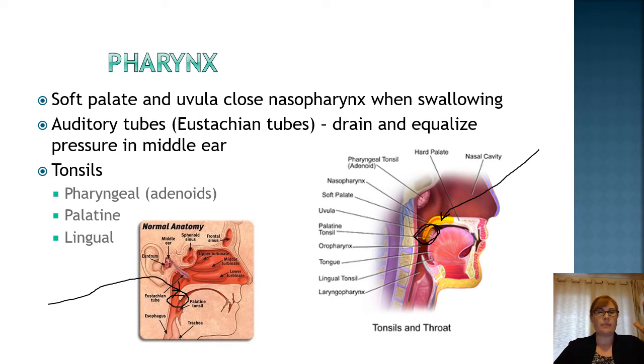I'm sorry, I said that backwards. The soft palate and the uvula close the nasopharynx when swallowing. The point of that is to prevent food from going back up into the nasal cavity.